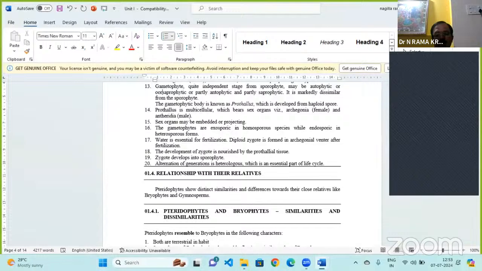This process of differentiation from the center towards the periphery is called endarch. One is exarch, the second one is endarch. It is the most advanced condition.